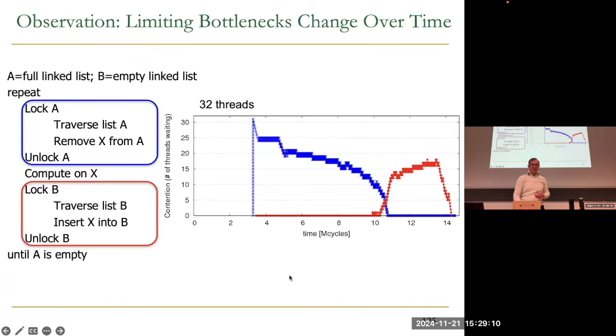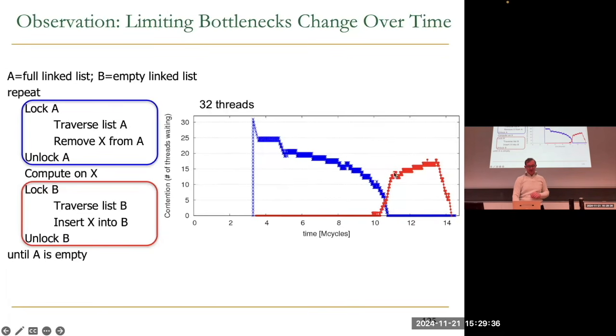Now, the purpose of this was to show that critical sections change, bottlenecks change over time. So this is the time of execution with some input data. I think there are maximum 32 threads over here. And this is contention, number of threads waiting for the critical section, blue one versus red one. As you can see, initially the blue one is very contended, but as you keep removing things from the blue one, the contention over here reduces because the size of the thing reduces.